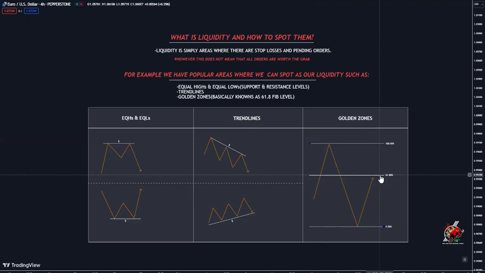Whatever is at the top is considered as premium, and whatever is at the bottom is considered as discount, right? It's more like selling high and then buying low, right? So on the 61.8 level, it's where we say that the market most likely takes liquidity. So these levels are not good levels to sell from, right?